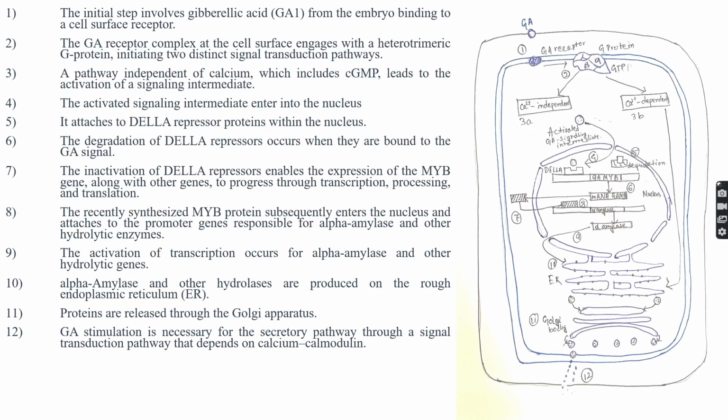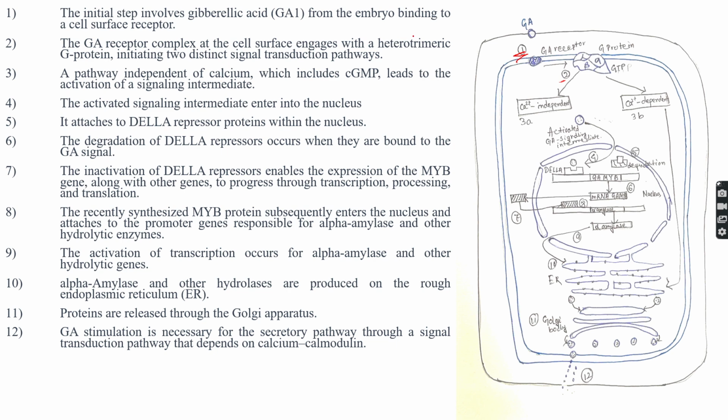So this is the diagram of the signaling pathway here. Let's start with the points. I have put the numbers in the diagram, 1, 2, 3, and accordingly the points are mentioned here.